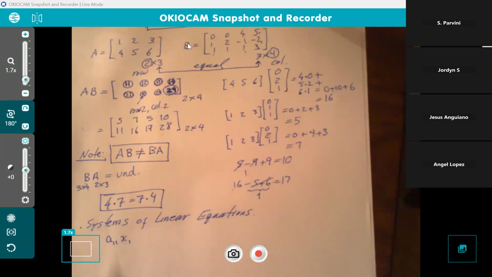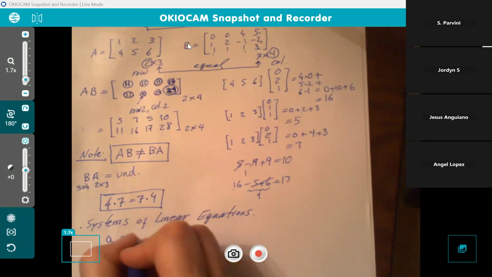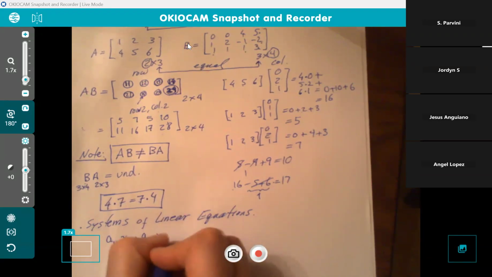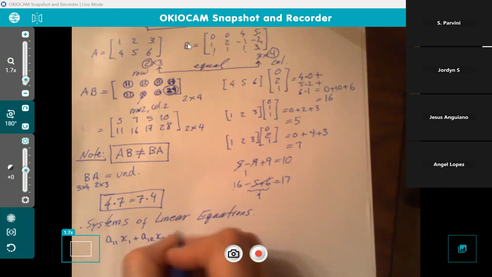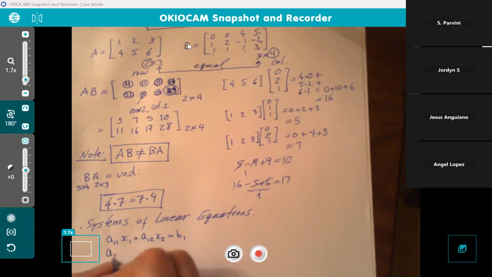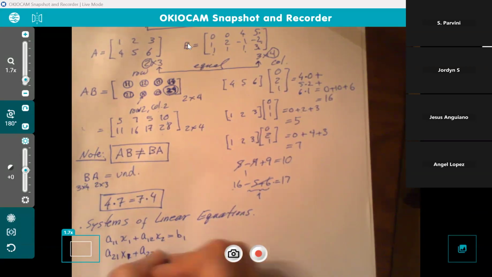A11 is the coefficient on x1. A12 coefficient on x2. And let's say that's going to equal the constant B1. The second equation, A21 x1, A22 x2, and that's B2.